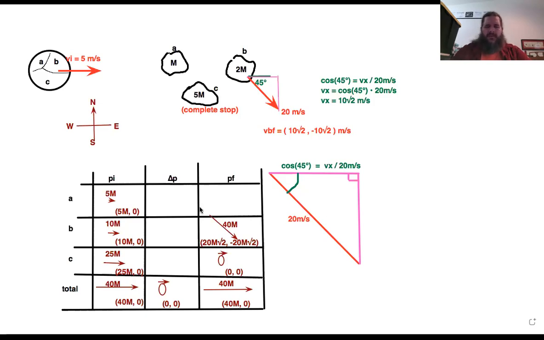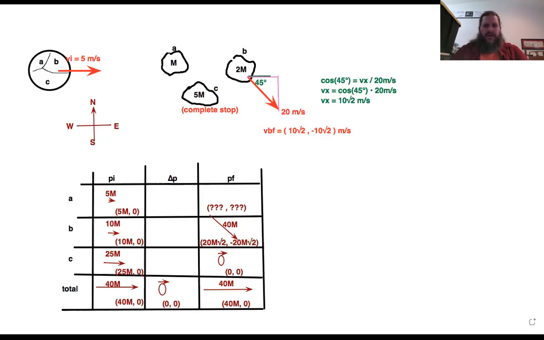We don't know the x and y components of the final momentum of object A, but we can find them because we know what these have to add up to. So looking at this one component at a time, we can figure out what those unknowns are. If we look at just the x components, we've got an unknown plus 20m root 2 plus 0 equals 40m.